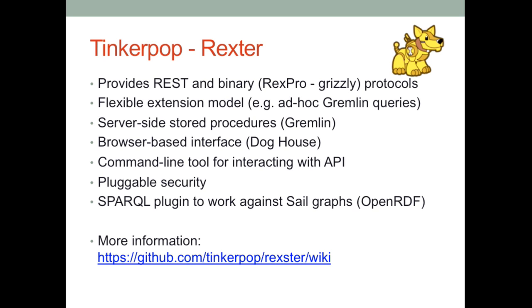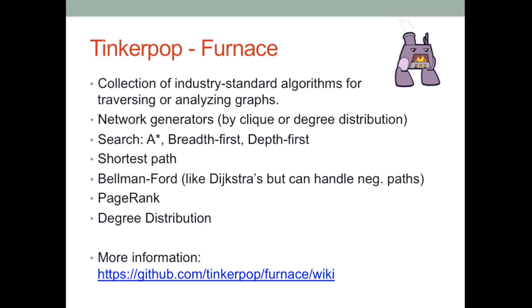I haven't done a full side-by-side feature comparison. Theirs is called Doghouse. And there's a command line tool. It also has a pluggable architecture, and people have done things like written security plugins and plugins that talk with different kinds of backends. And there's the website there.